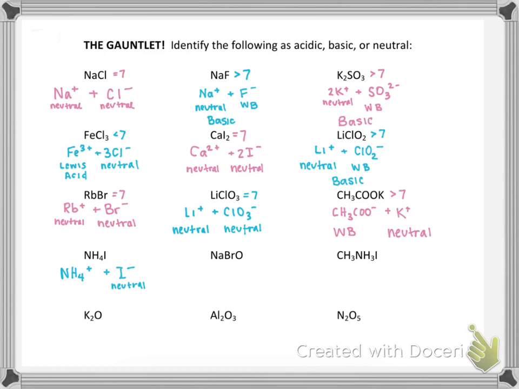Or you can say that if we have a nitrogen, a hydrogen, and a positive charge, that's a good sign that something will be a weak acid. So any nitrogen with 4 bonds and a hydrogen has the potential to donate that hydrogen into solution. So this salt would be acidic, and our pH would be less than 7.